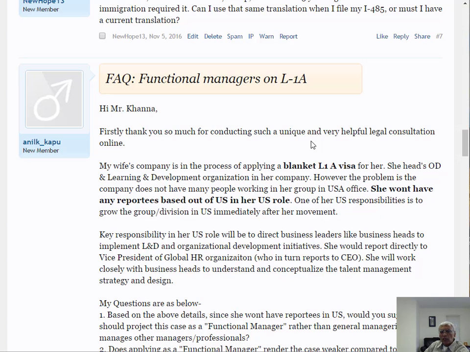Okay, so back to L1A, managing professionals. And if you're not managing professionals, sometimes you can be managing or be in charge of a critical or important function of the organization. For example, we had a case in which a senior level employee was in charge of providing the costing or the pricing of services.